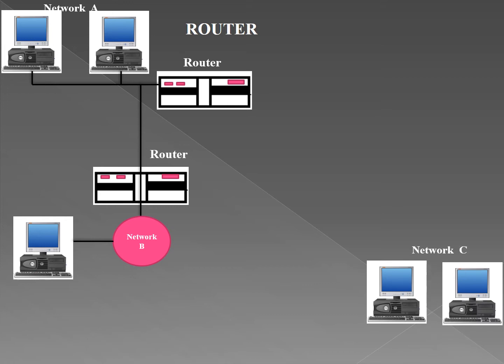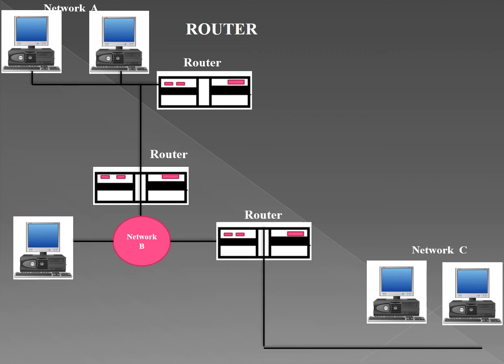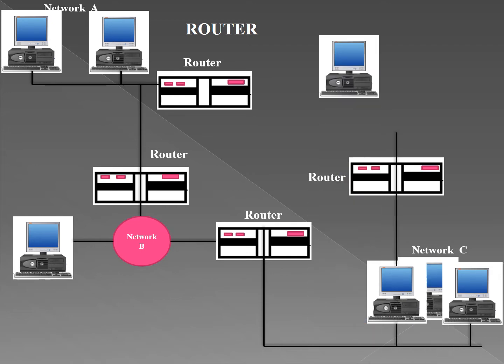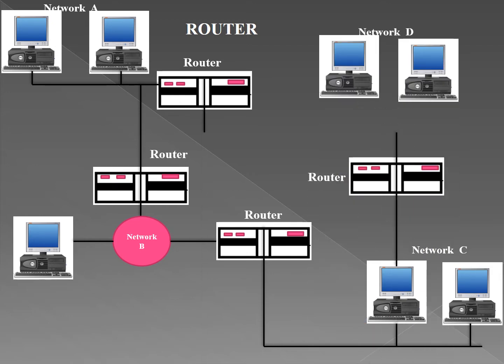Now this is network C with two computers. Again we have a router here which interconnects network B and C together. And lastly, we have one more router for network D, which again has two computers. So you can see how the routers are interconnected.